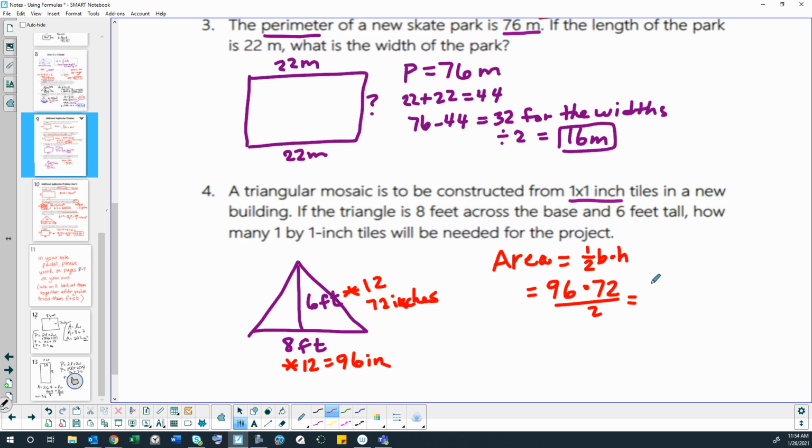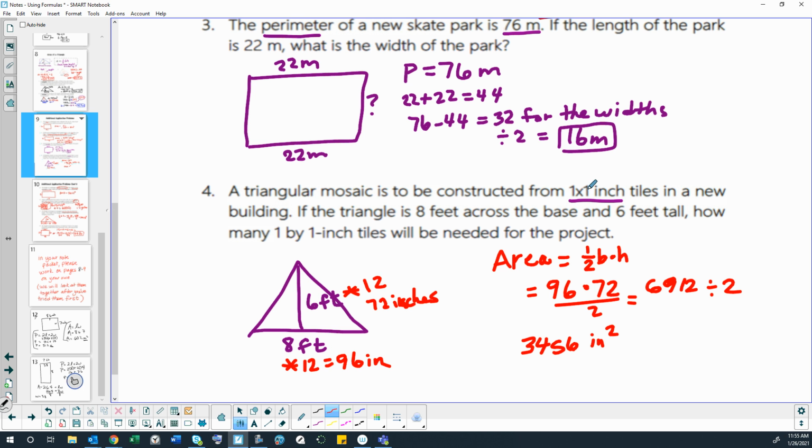So that gives me 6,912 square inches, but that's not the answer I'm looking for. That's if it was a rectangle. So the correct answer would be 3,456 inches.